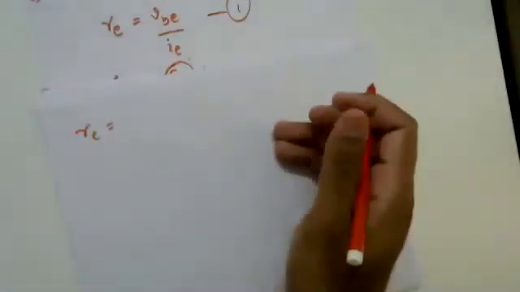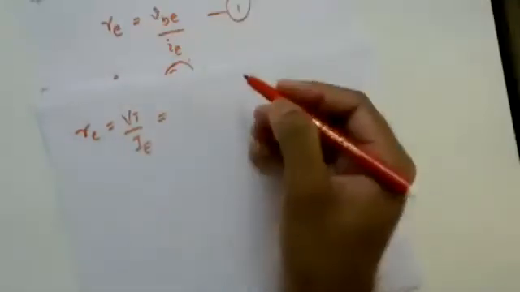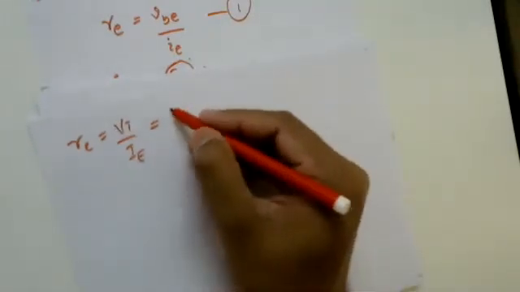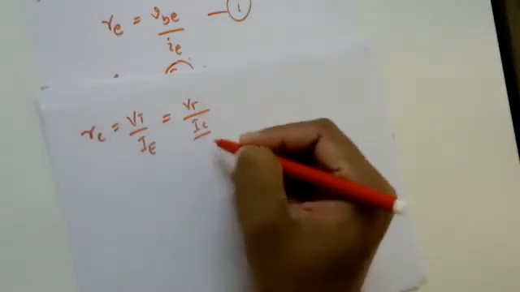Now I'm going to use a relation, that is how best I can represent my IE. I know that my RE, which is at present defined as VT by IE, I can write as VT divided by IC by alpha.